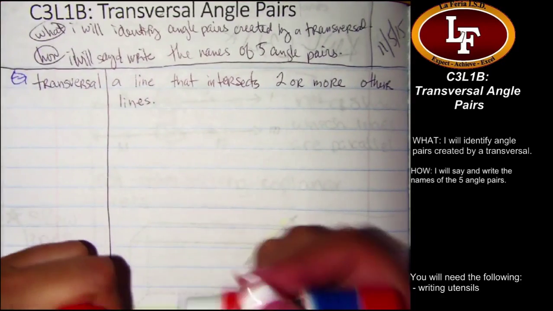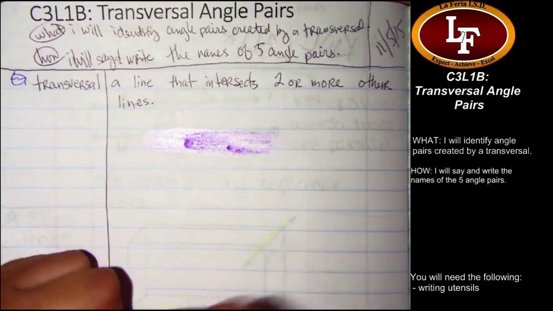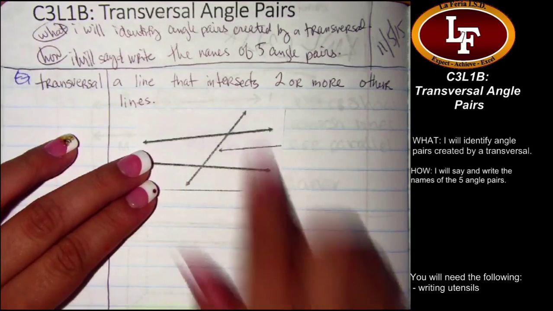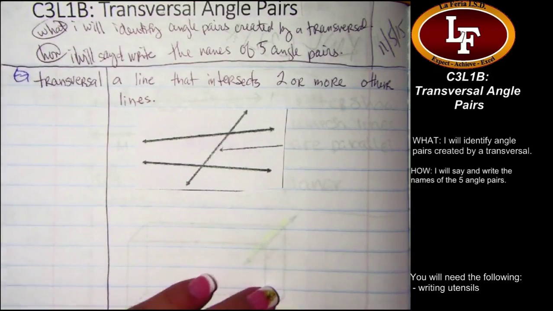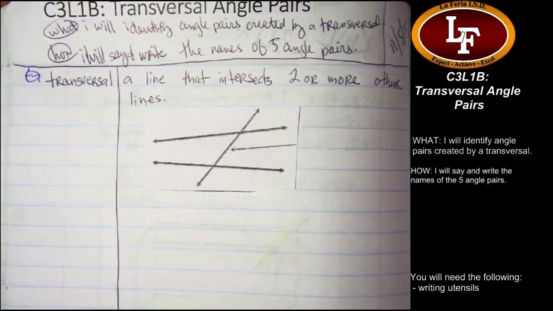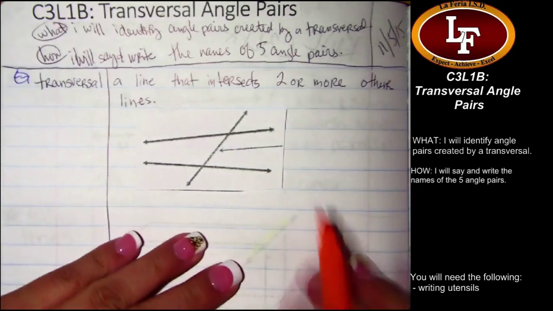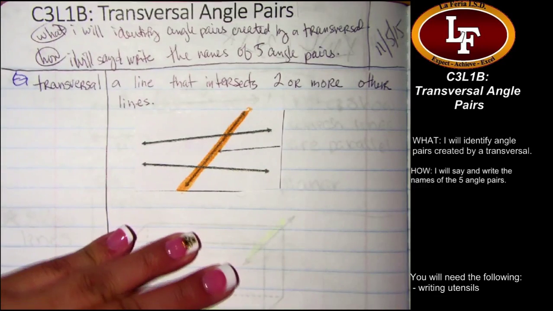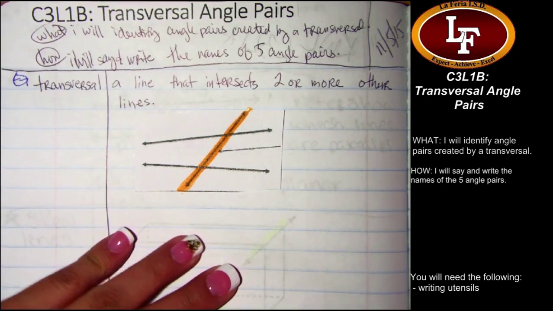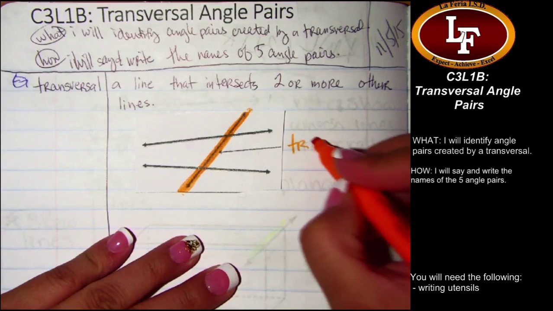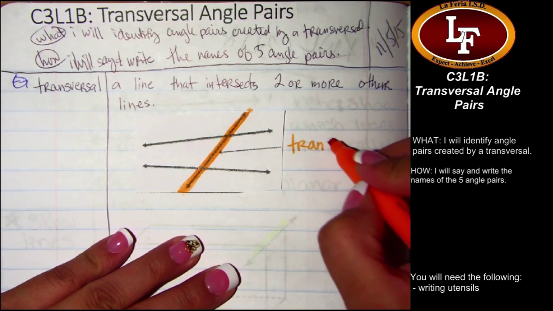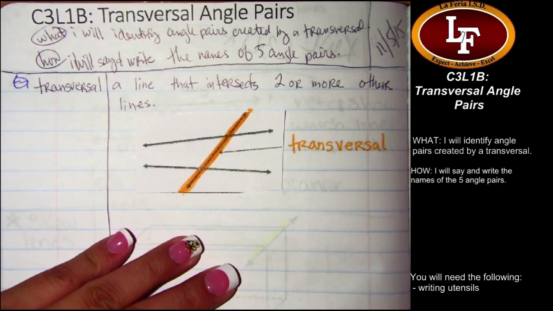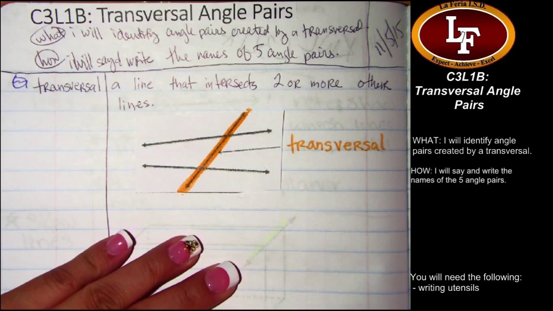And the graphic looks kind of like this one. And so this line right here, that's the transversal. Is that orange dark enough to read? Okay. That's the transversal.